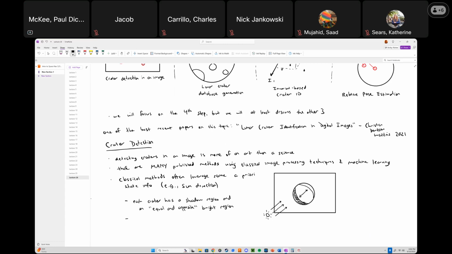So dark and bright regions can be correlated along the sun direction.